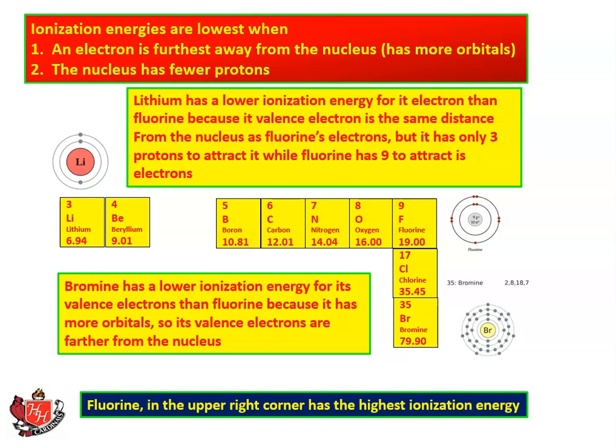But lithium has only 3 protons to attract its 1 valence electron, whereas fluorine has 9 protons to attract its electrons. So fluorine is pulling on those second orbital electrons with a lot more force than lithium's 3 protons are. Therefore, fluorine has a higher ionization energy. It's harder to pull those electrons away from fluorine than lithium. So fluorine in the upper right-hand corner has a higher ionization energy than the elements below it or the elements to the left of it.